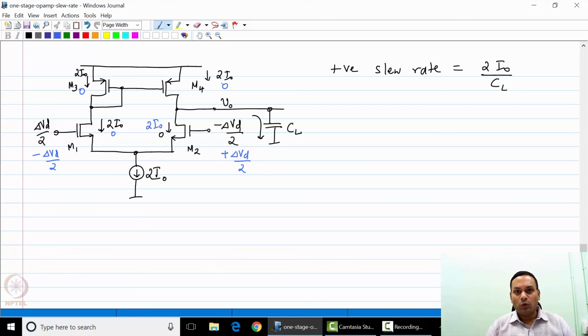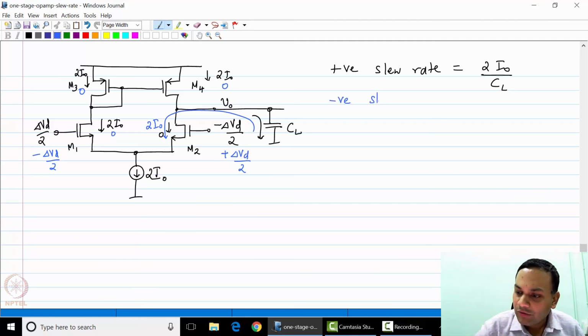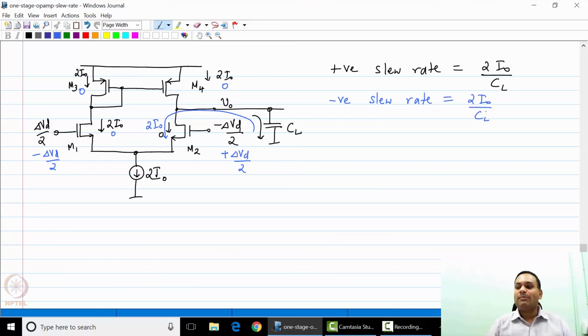So M1, M3 and M4 would be cut off, and all of this current would be pulled out of the capacitor CL, so that CL would discharge at a maximum rate of 2I0 over CL, and this also happens to be the negative slew rate.